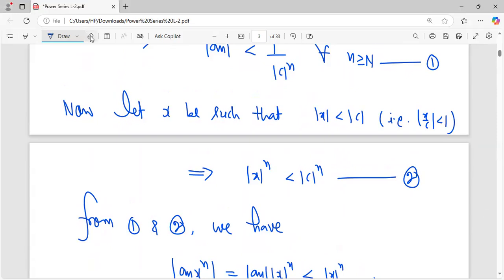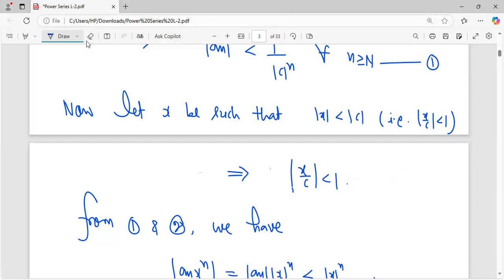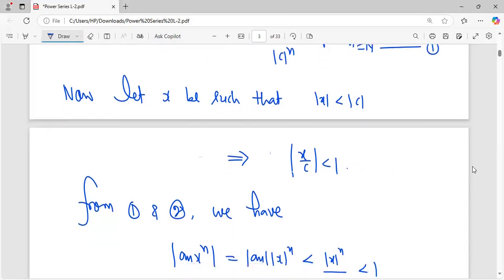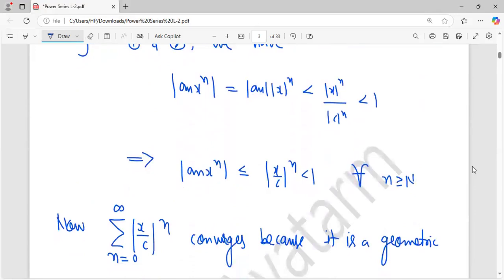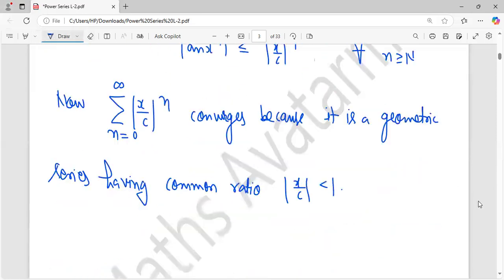So we have this one, because it is convergent, being a geometric series with this common ratio.